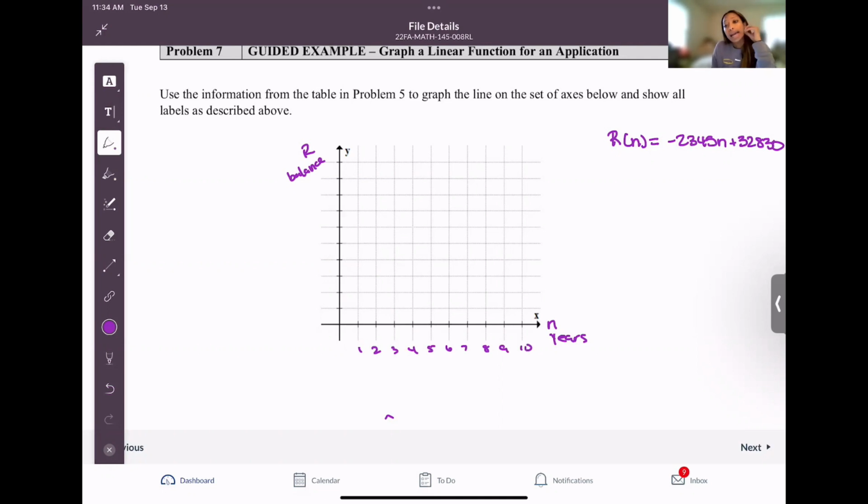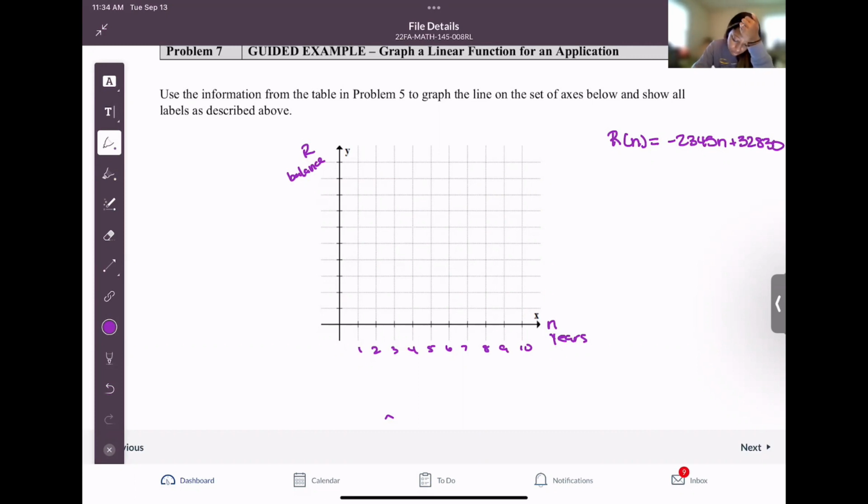But for the y-axis, we start off with the balance of a little bit more than $32,000, and then it's decreasing eventually to go down to 0. Each of these tick marks can't represent $1. We don't have enough tick marks, or $10 or $100. We have to think of what would be a good number to represent each tick mark by.